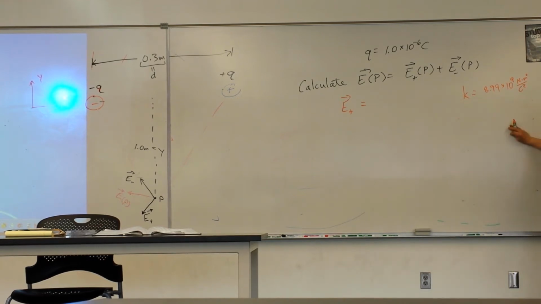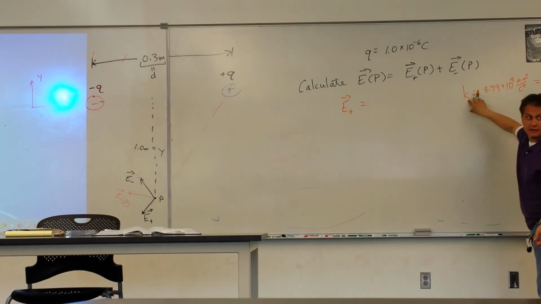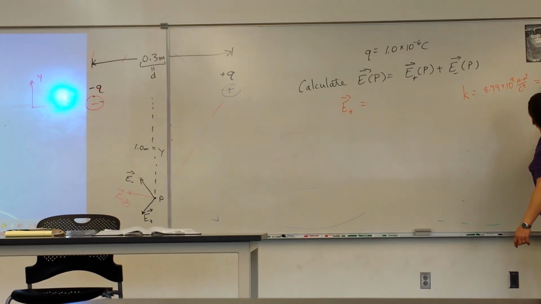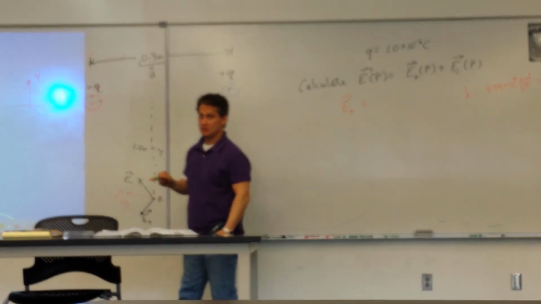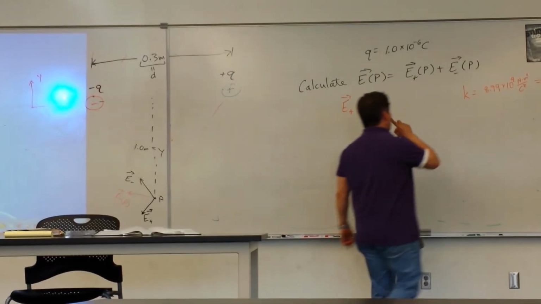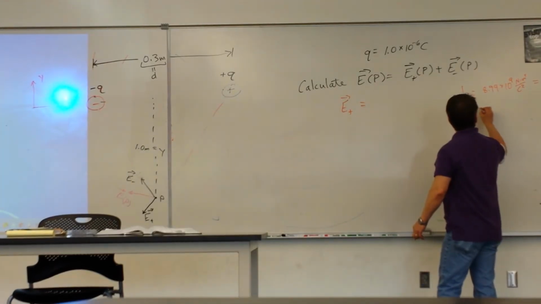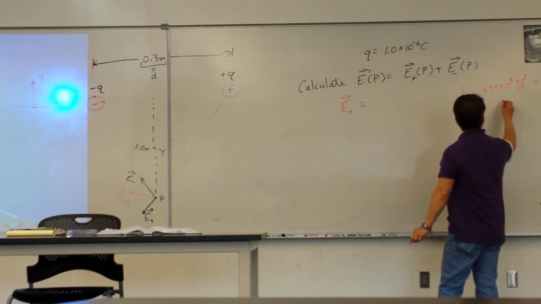It's oftentimes more common to say that this quantity is equal to 1 over 4 pi times a different constant we call epsilon naught. This is the permittivity constant. And epsilon naught then becomes equal to 1 over 4 pi k.